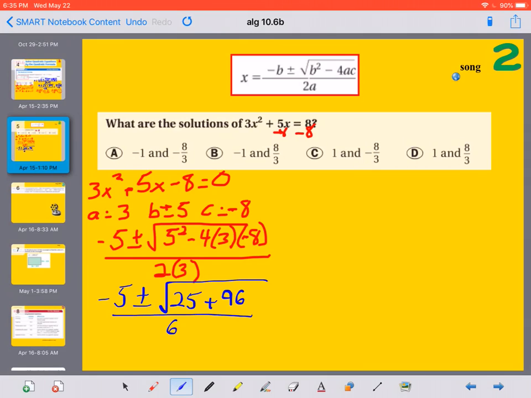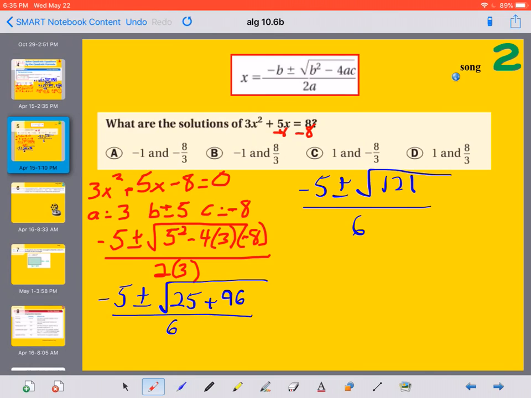Divided by 6. So we get negative 5 plus or minus the square root of 25 plus 96, 121, all over 6.